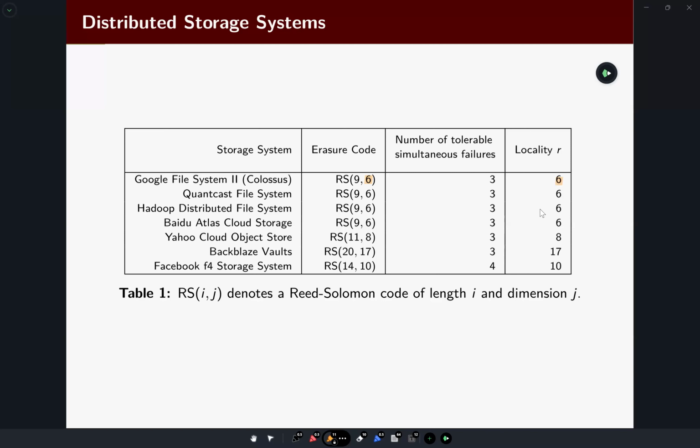The reason why that happens for every one of those codes is that classical Reed-Solomon codes, for this purpose, can only recover at most d-1 erasures by looking at the dimension of the code.